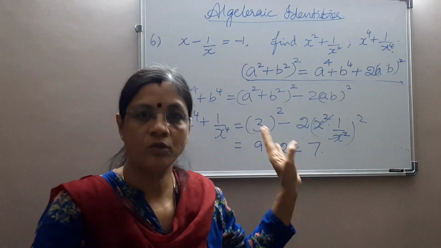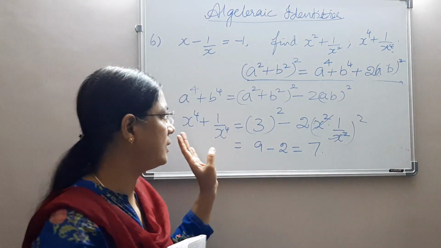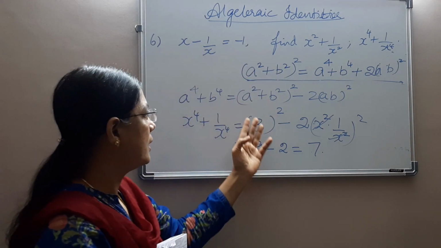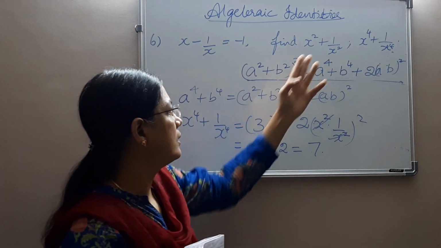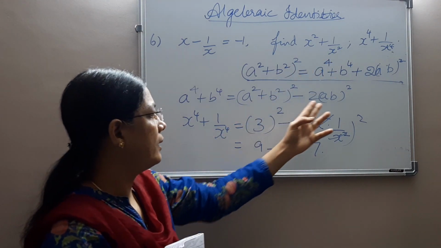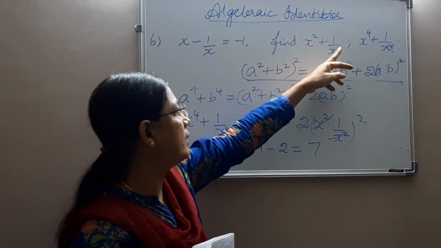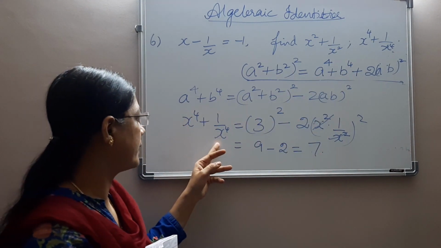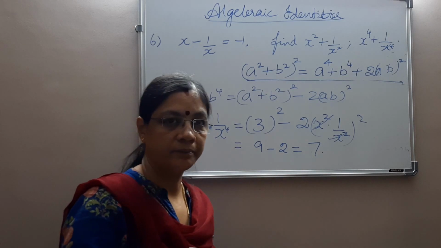We already know, we have just obtained the result, isn't it? We had 3 there, so we can substitute here. That is, x squared plus 1 by x squared is 3 for us, and a into b is x squared into 1 by x squared gets cancelled. So x power 4 plus 1 by x power 4 will be 7.